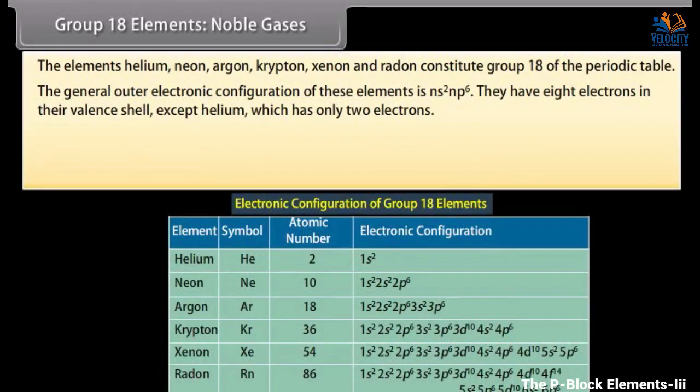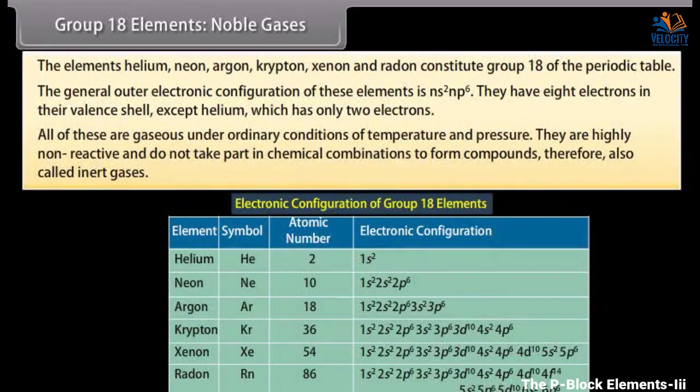They have 8 electrons in their valence shell except helium, which has only 2 electrons. All of these are gaseous under ordinary conditions of temperature and pressure. They are highly non-reactive and do not take part in chemical combinations to form compounds, therefore also called inert gases.